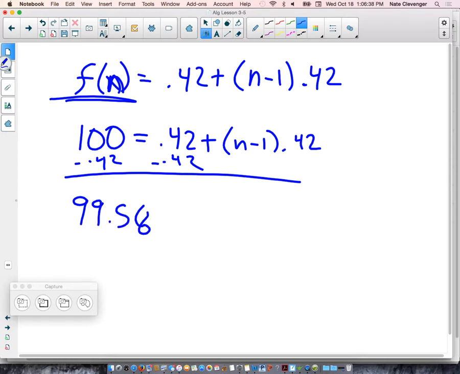99.58 equals n minus 1 times 0.42, divide by 0.42.